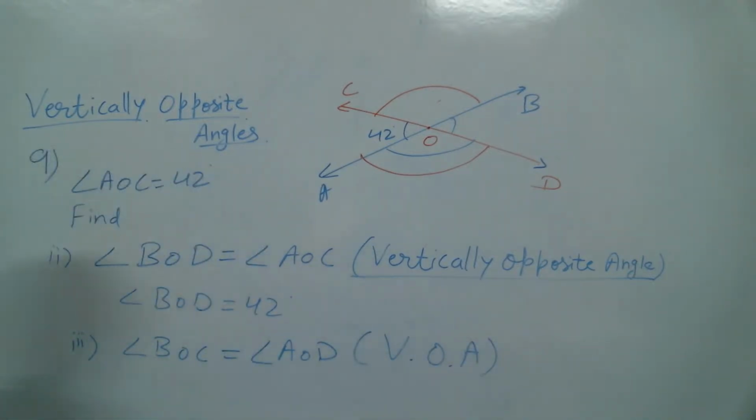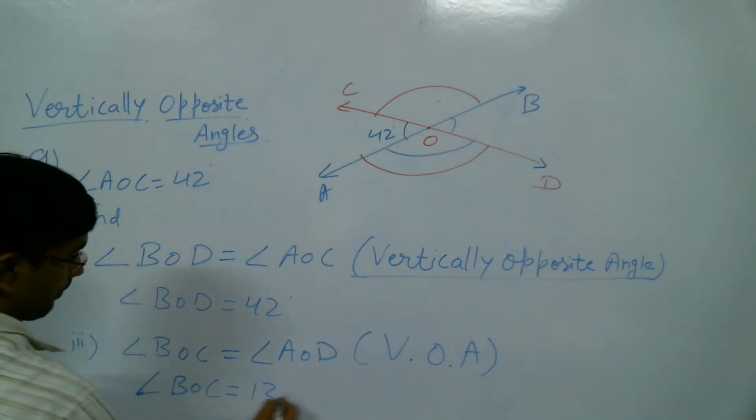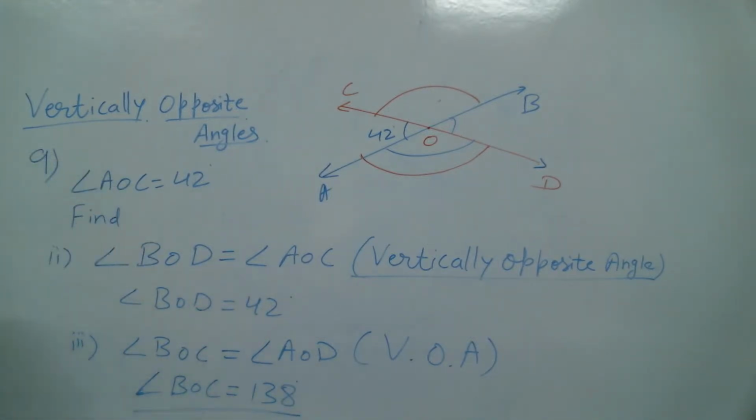BOA, vertically opposite angle. So the value of BOC is 138, and one more property is there. If there are so many angles, their sum will be 360.